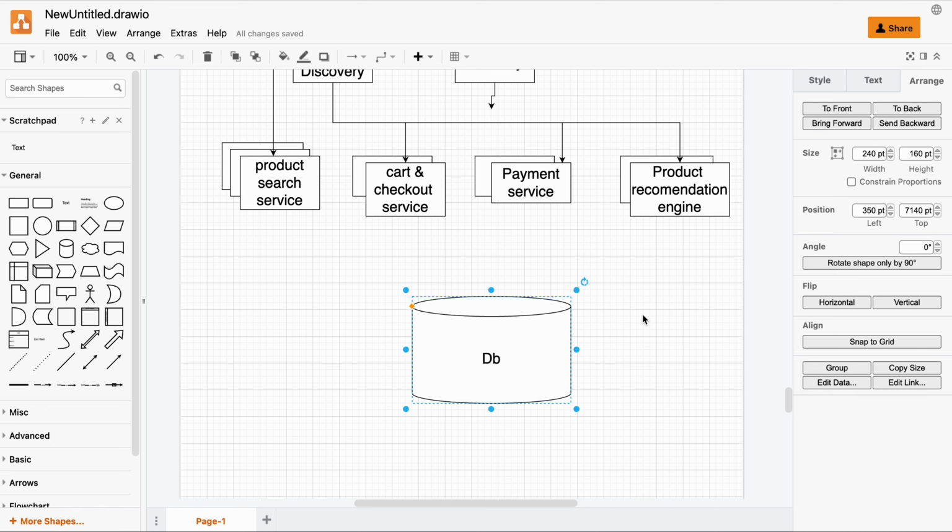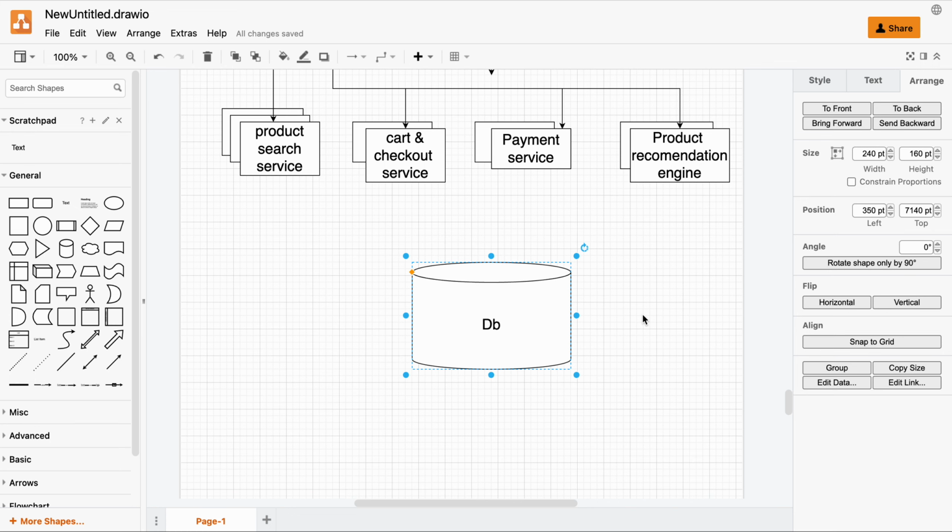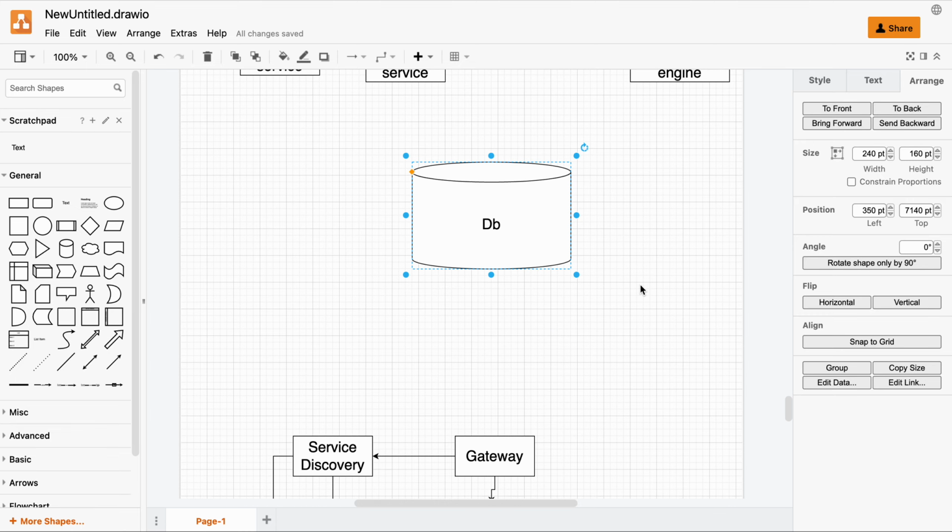So this is the shared database pattern. It is not a very good thing to have, but there are certain situations depending on your business use case that you can go with this approach as well. But at a very high scale, it is not going to be very efficient. The database is going to be a bottleneck.